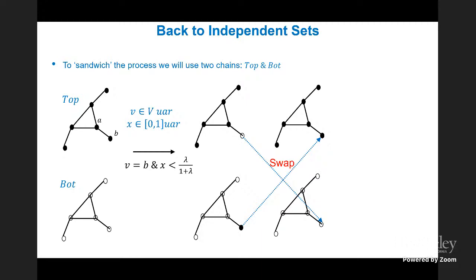Then you add an extra rule of swapping. This is the part where we need to design some cleverness into the algorithm. You swap the updated vertices. In this case, the vertex B was updated. So you do the swap step every time you use the global dynamics step.